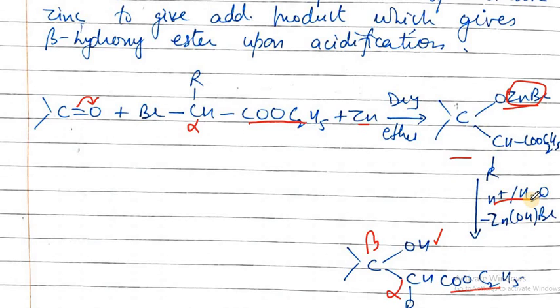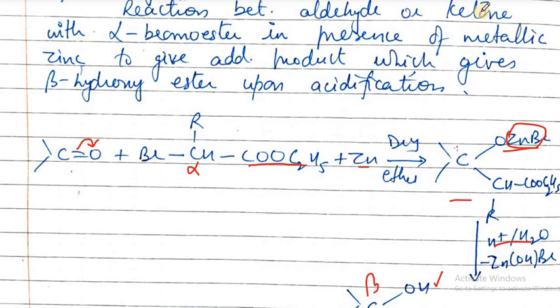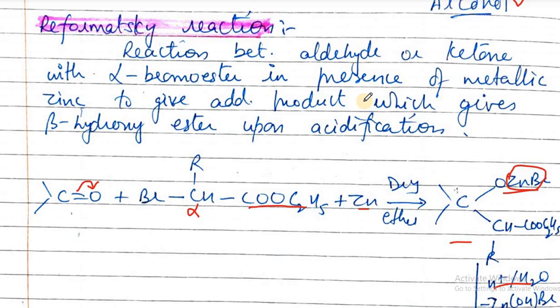This reaction is called the Reformatsky reaction. It is the reaction between aldehyde or ketone with bromoester in the presence of metallic zinc to give an addition product which gives beta hydroxy ester upon acidification.